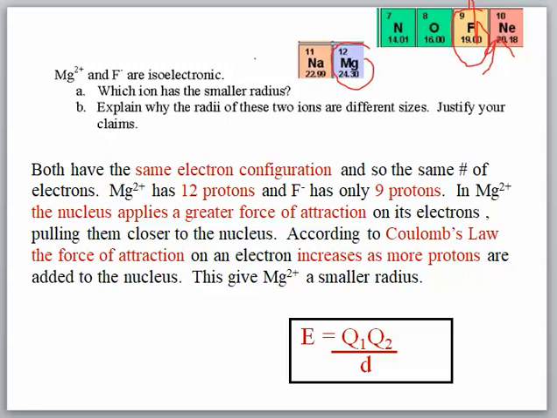Look at the protons. Magnesium has 12, fluorine has 9. Go ahead and make sure you add up all the protons, electrons, get it straight in your head. So if you have more protons, then you're going to have a greater force of attraction based on Coulomb's law. You've got a greater nuclear charge. Therefore, you will increase your number of protons and decrease your radius.